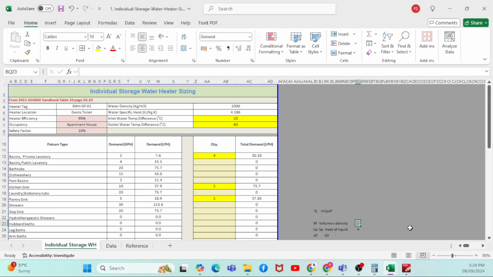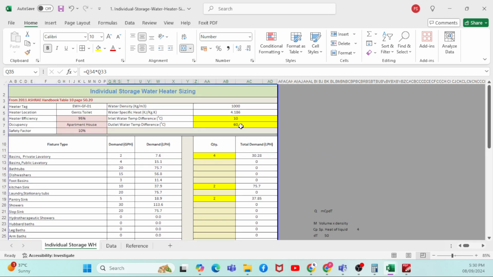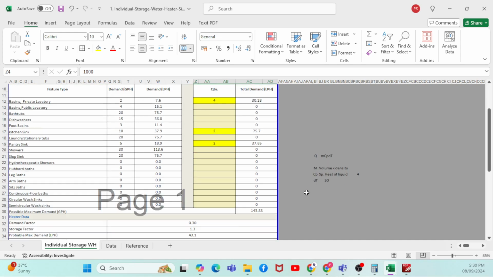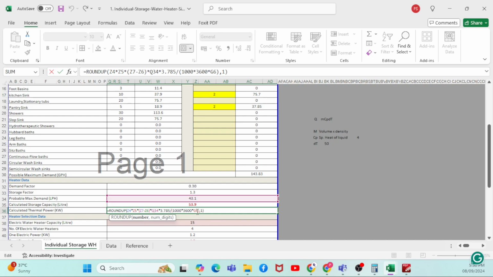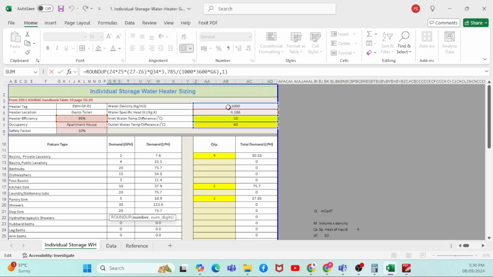Okay. And what is the volume of the water? I can calculate here, which is 53.9 liters. Okay, that is the volume of the water, right? Then multiply by density. Density is nothing but 1000 kg per meter cube. So if I calculate everything, you can see here Z4 is the water density, right?